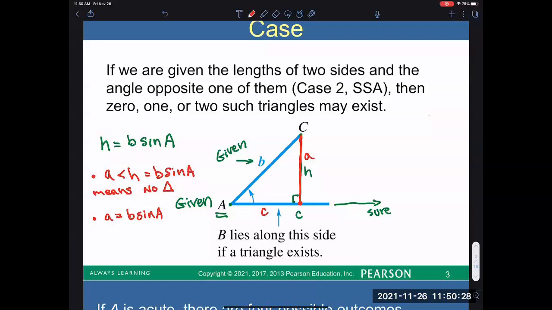So if you're given angle A, side B, and side A, and side A is equal to B times sine of A, which would be the height that you would need it to be, then you can make a triangle and you can solve a triangle, but only one would be possible. So that would mean that there's one possible triangle in that situation.